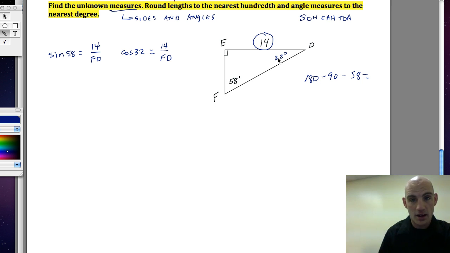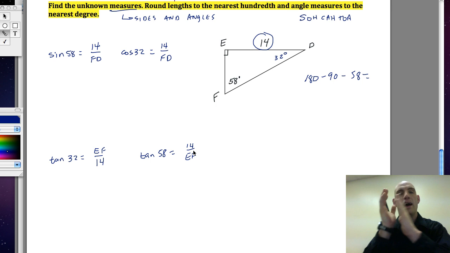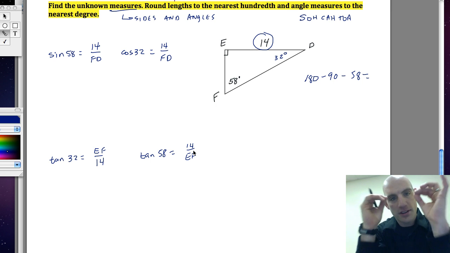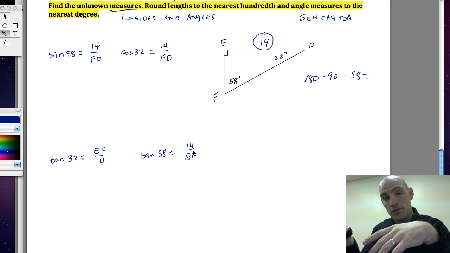Or I could set up the tangent of 32 is equal to EF over 14. Or I could set up the tangent of 58 equals 14 over EF. I hope that you see how many options I actually have. I just need to solve a couple of these to find one for EF and one for FD.